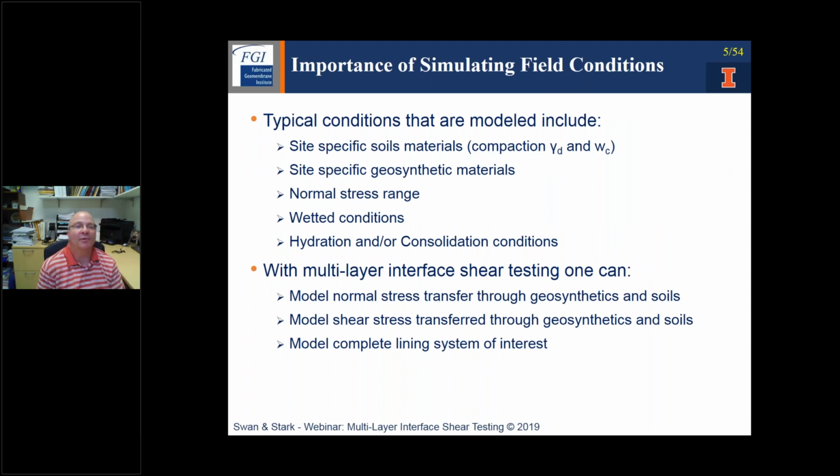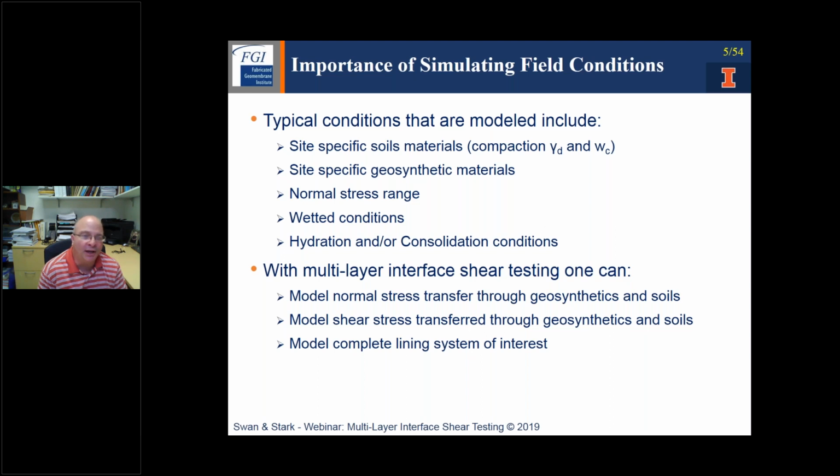So the typical conditions that we can model, again, parallel to the single interface, we can compact our site-specific soils to the specific dry unit weight and moisture content as a function of relative compaction or relative density, whatever the specification is. We should be using our site-specific geosynthetics at this point, the ones that were spec'd and possibly collected from the field during a conformance, quality control, quality assurance testing.